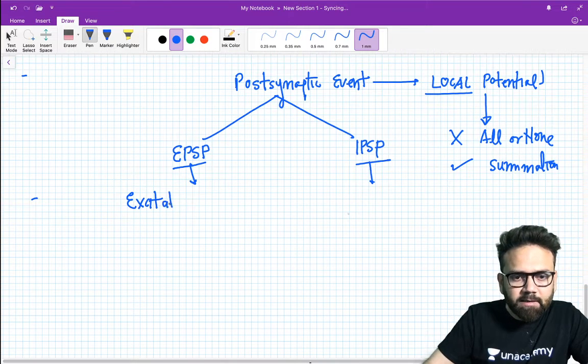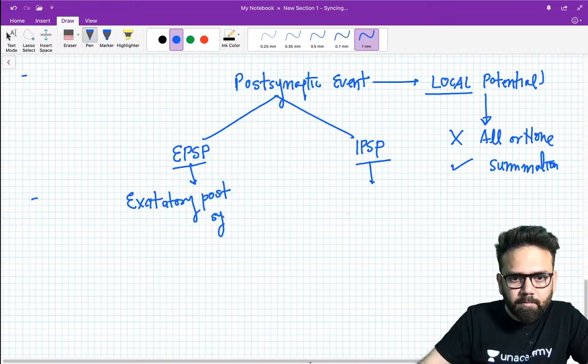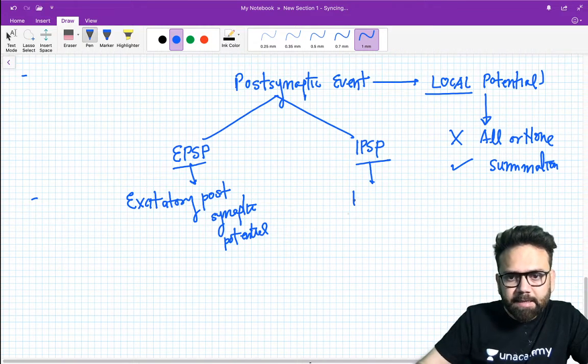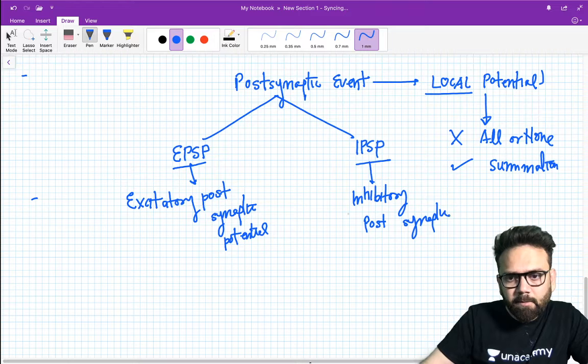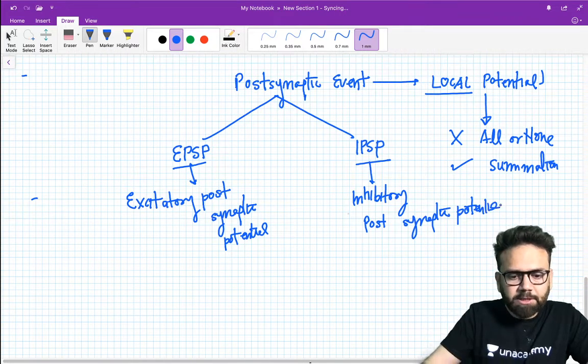It is actually excitatory postsynaptic potential, and this is inhibitory postsynaptic potential.